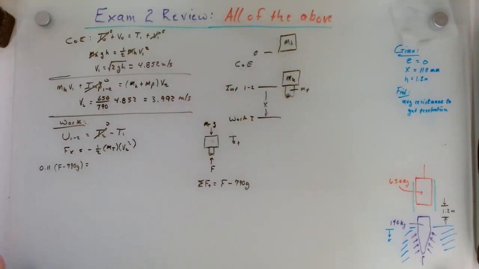Yeah, I'll just calculate that. So minus 1/2 times 790 times that guy squared. Uh-oh, lost it. Hang on, gotta type that again.